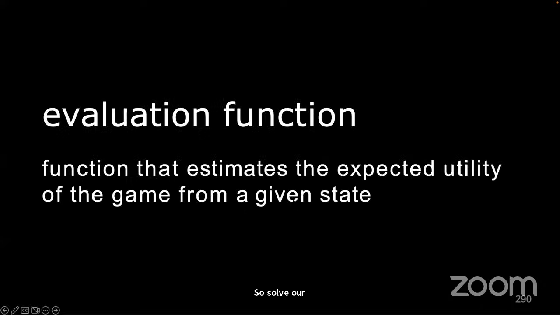So if we design a good approximation to judge a state, then we will get a reasonable algorithm to solve our adversarial search problem. This is the evaluation function which I mentioned as an approximation.